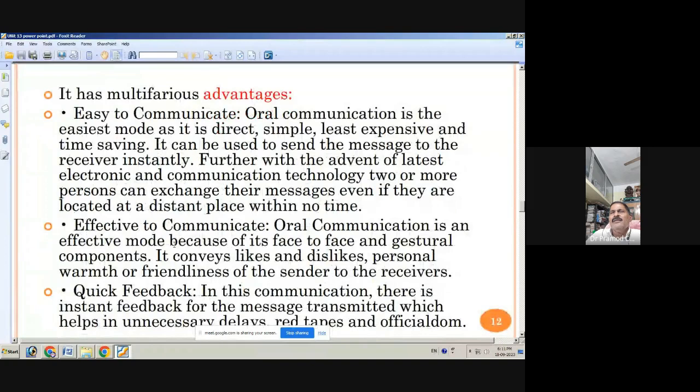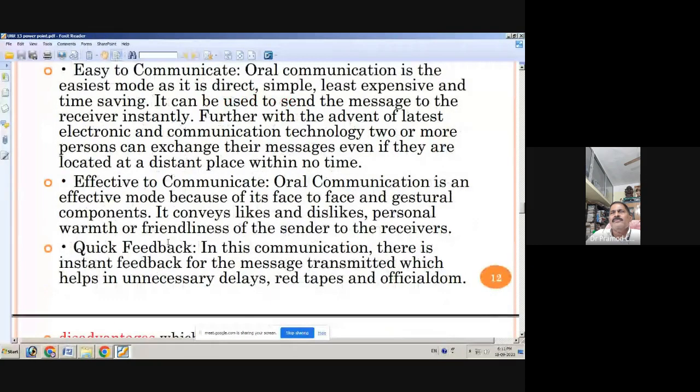And you know that two persons can exchange their messages in no time, and the communication will be very fast. Oral communication is very effective because it is face-to-face, and we are explaining the gestural components also.